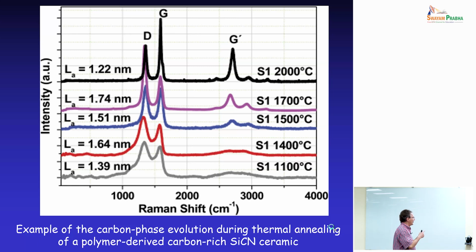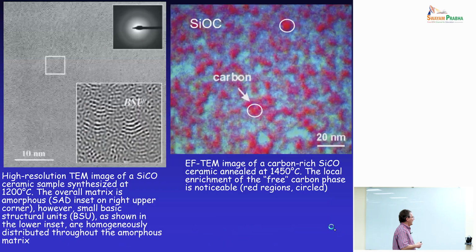And you can see that by modifying the pyrolysis temperature, you modify the order of your turbostratic carbon, and you start graphitizing the carbon, therefore modifying the properties. At the nanoscale, these materials, depending on the pyrolysis temperature, are either fully amorphous or they have free carbon clusters.